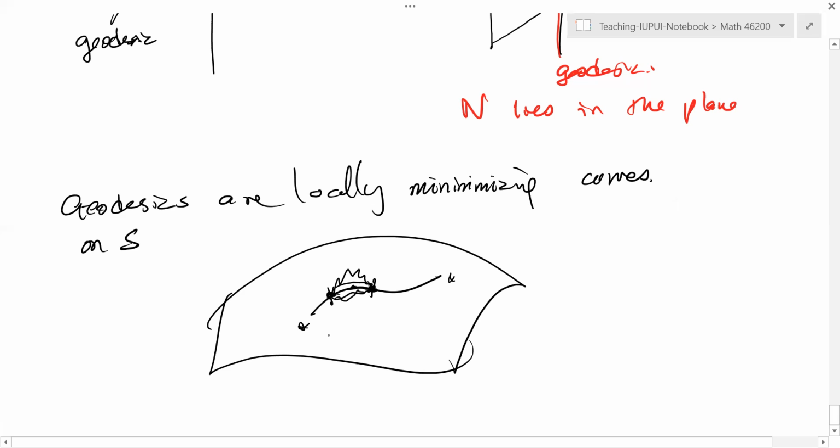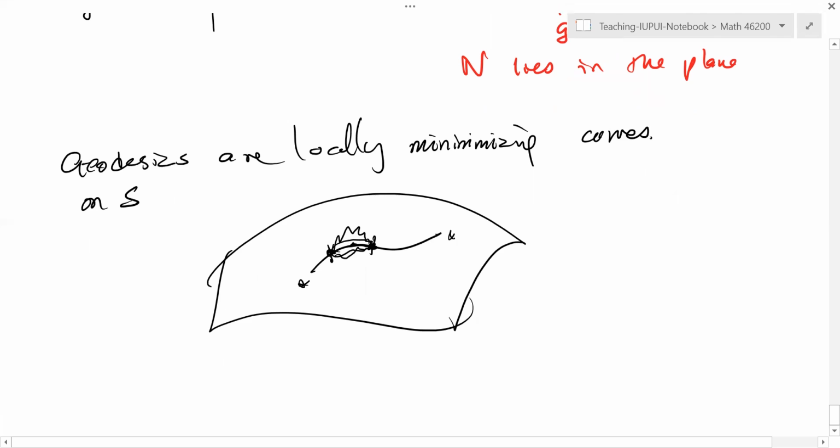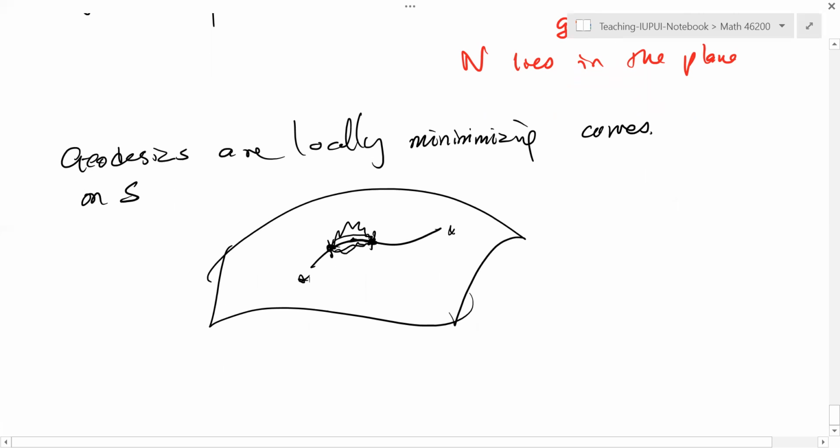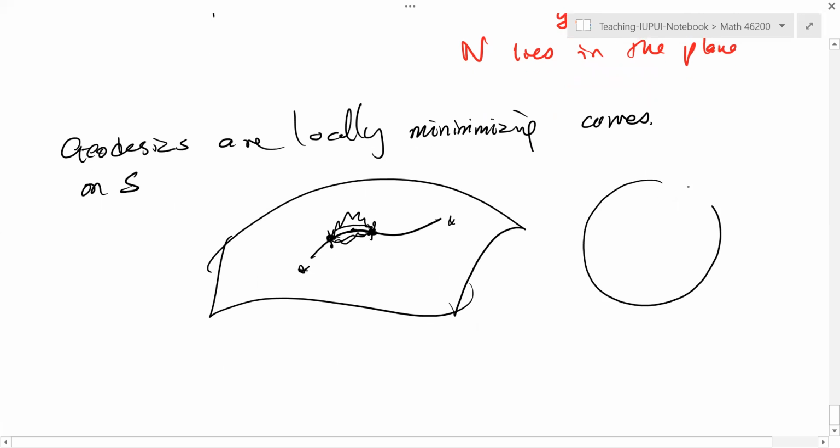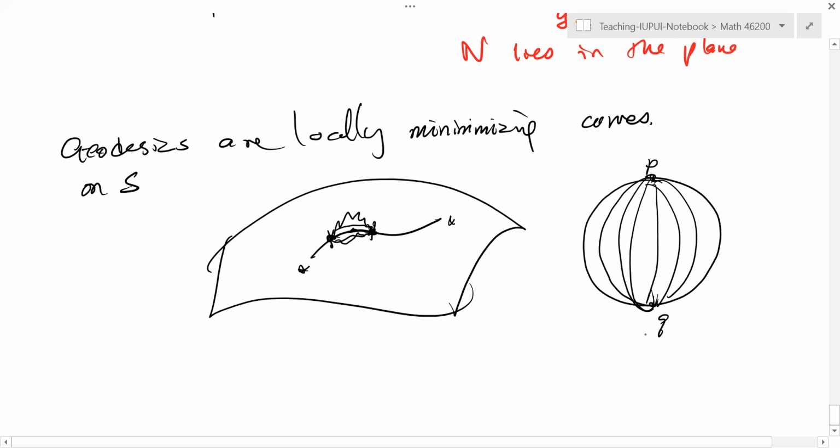But then maybe there are many geodesics there. Sometimes they call it a global minimum geodesic. For example, the sphere, right? From the north pole to the south pole, there are so many great circles passing through. All of them are geodesics. So geodesics between two points are not unique.